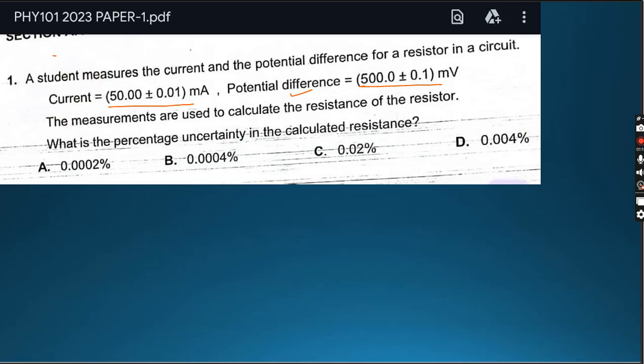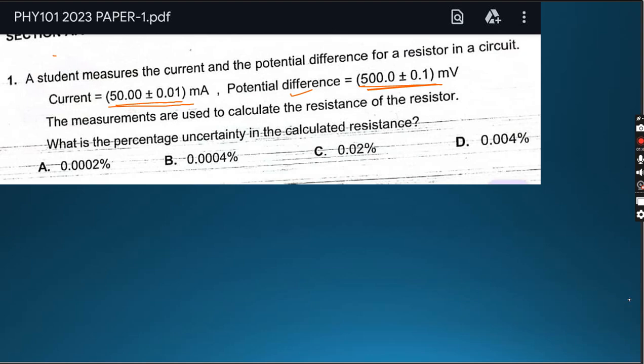The percentage uncertainty is going to be found by adding the percentage uncertainty of current and the percentage uncertainty of potential difference. So how do we find the percentage uncertainty?